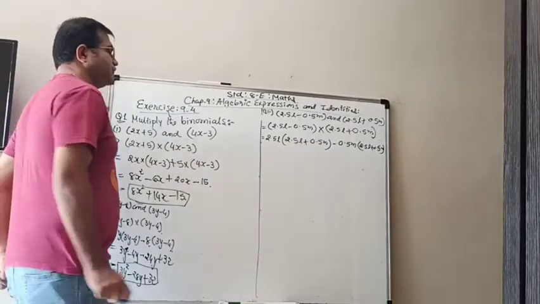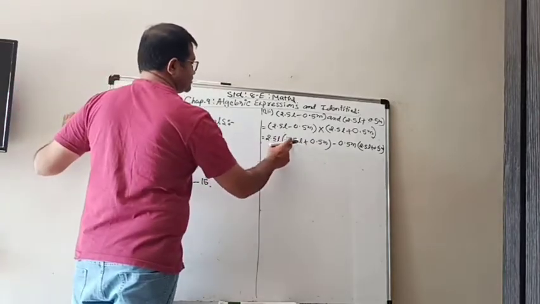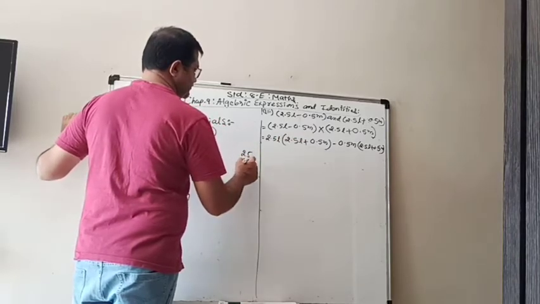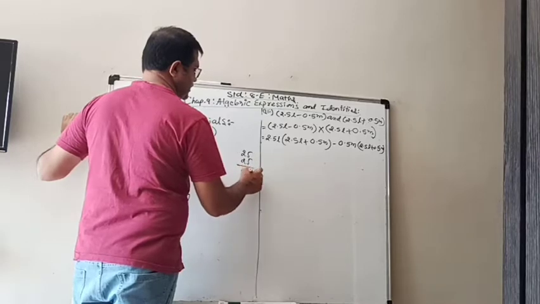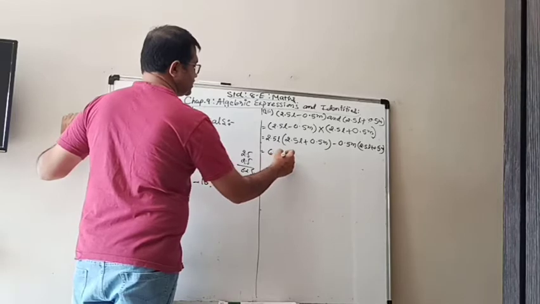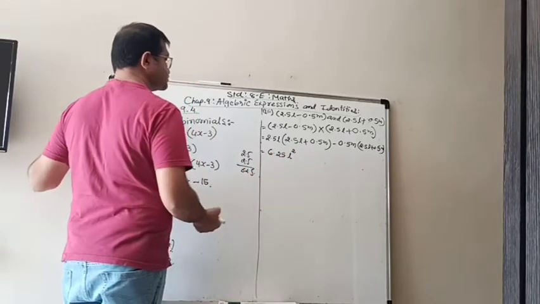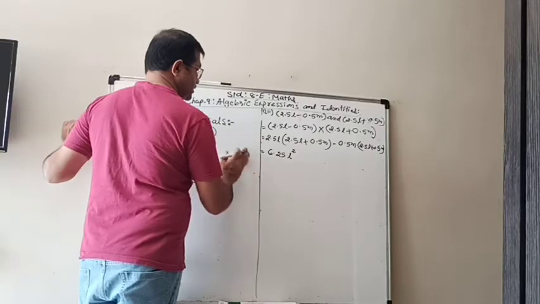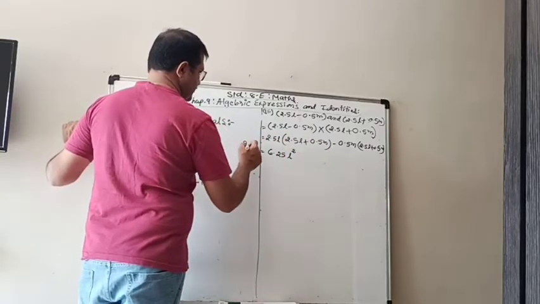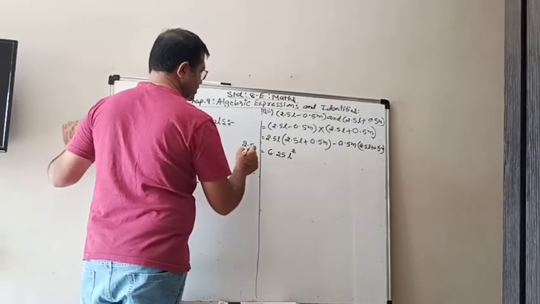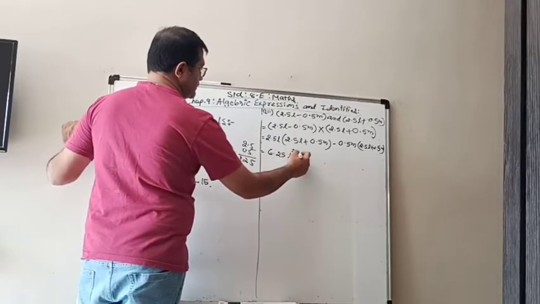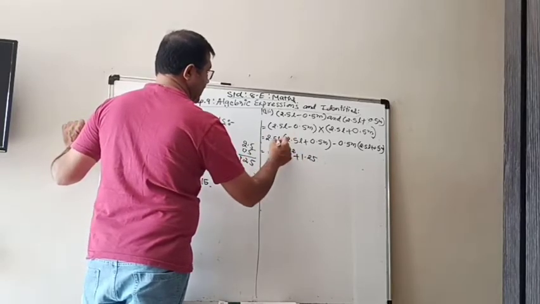Now this 2.5L will be multiplied with 2.5L first. 2.5 into 2.5 means 25 into 25 is 625, so it will be 6.25 L square. Then 2.5L into 0.5M: 25 5s are 125 and 2 decimals, so plus 1.25 LM.